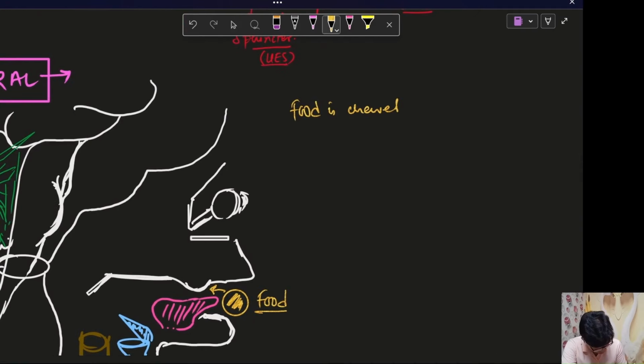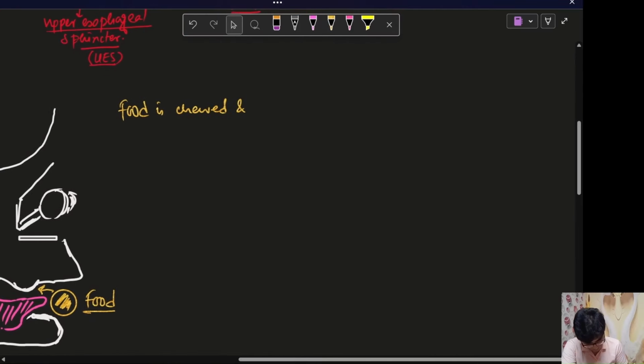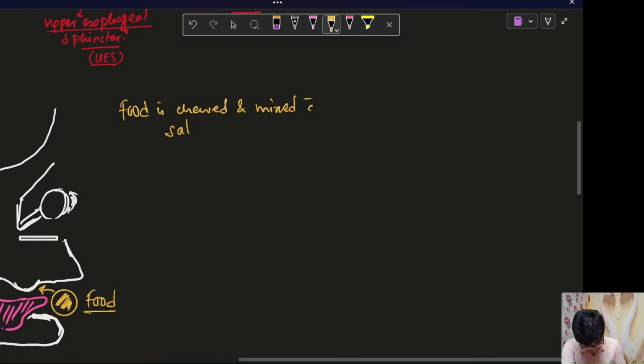In the saliva there are some salivary amylase and lipases.